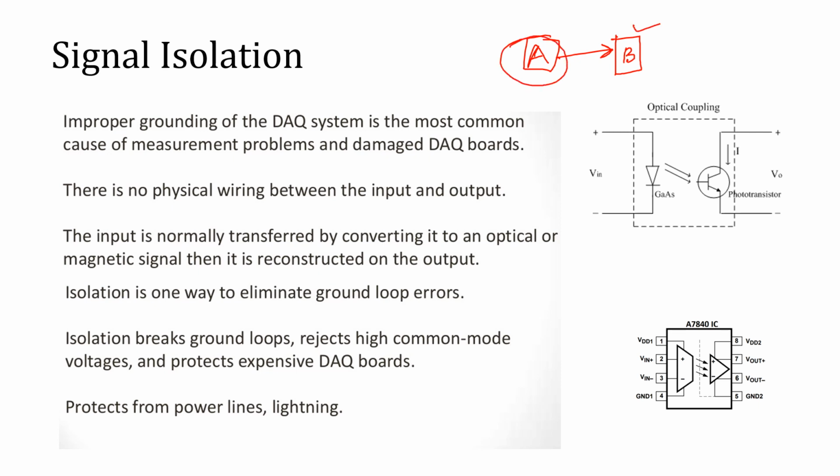The reason being, it may be possible that circuit A is working at, let's say, 5 volt and circuit B is working at 12 volt, or maybe at 24 volt, and moreover it has some inductive circuit which is producing some high frequency signal. Those high frequency signals can change the behavior of this signal. So we want to isolate this signal.